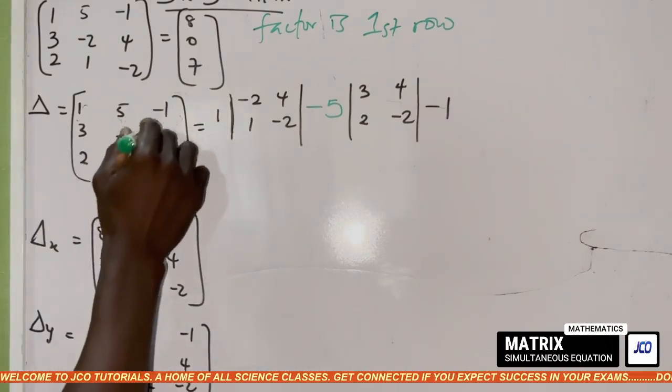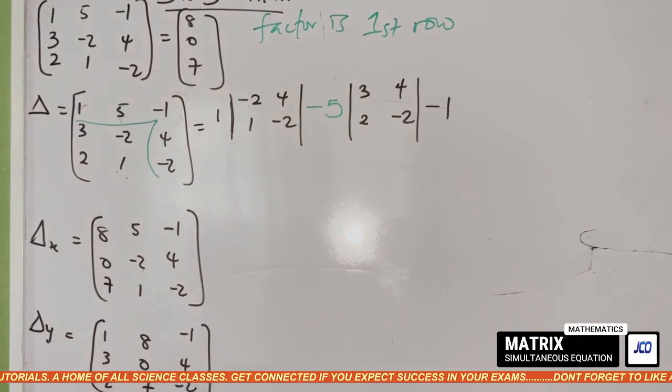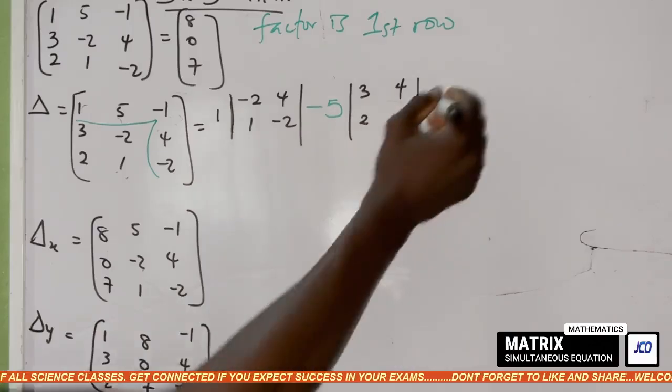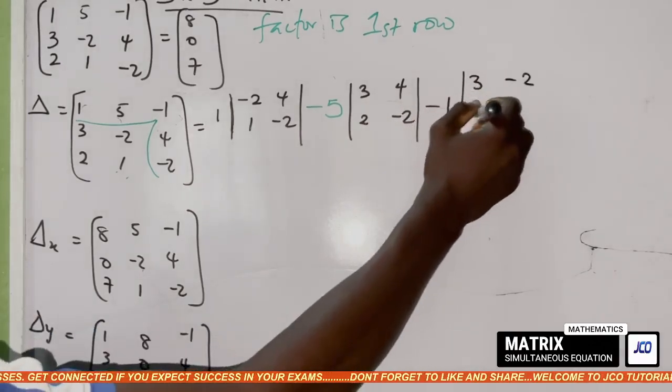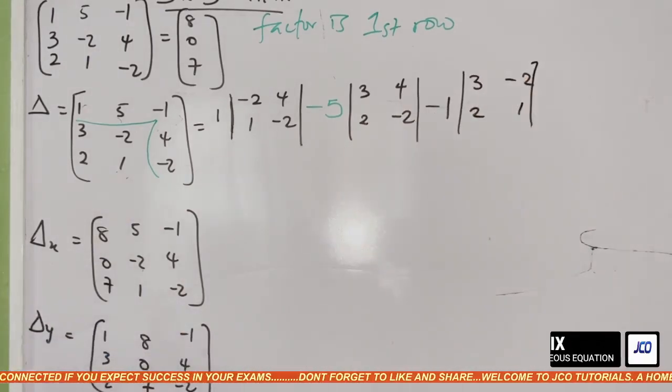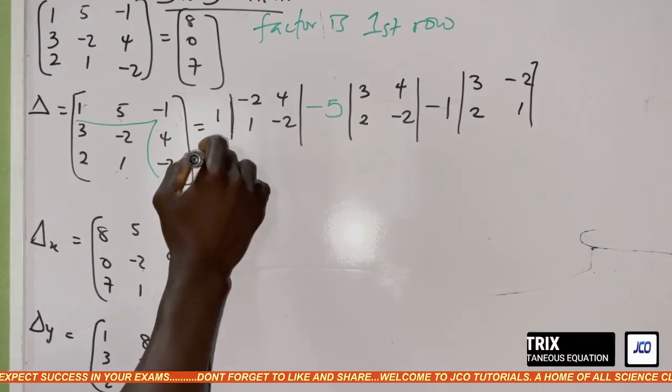His column is gone, his row is gone. What remains is 3, minus 2, 2 and 1.